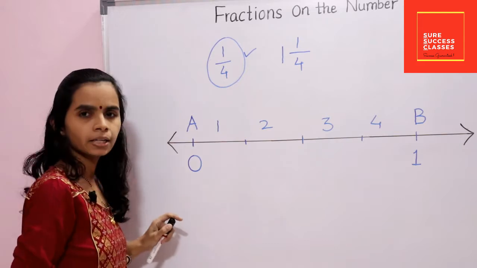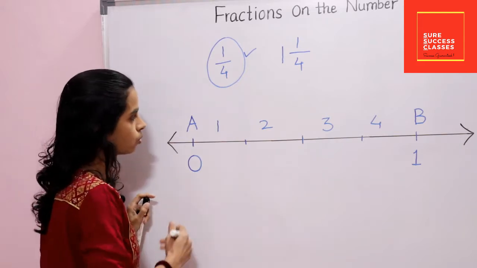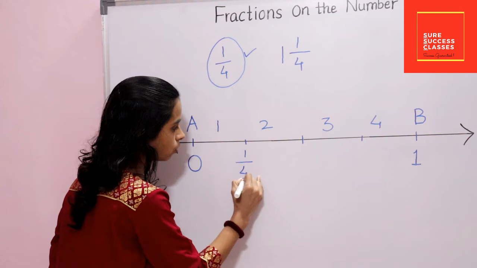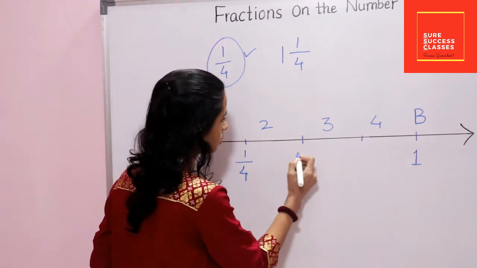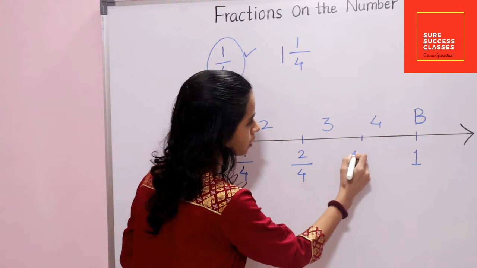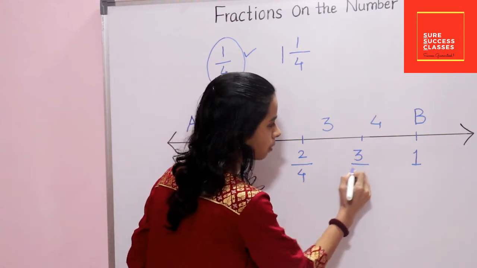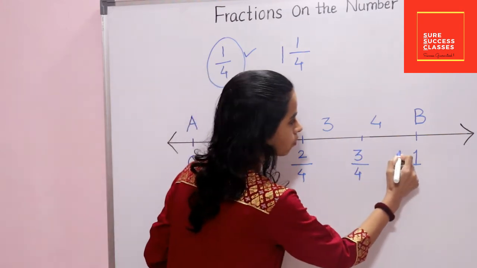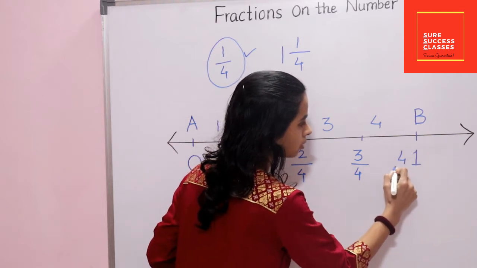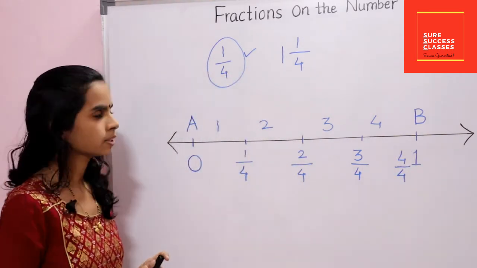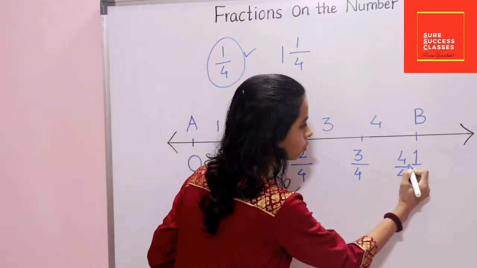So we will write fractions for each point. This fraction is one part out of 4 parts. This represents 2 parts out of 4 parts. This represents the third part out of 4 equal parts, and this point represents the fourth part out of 4 equal parts. It is equal to 1.